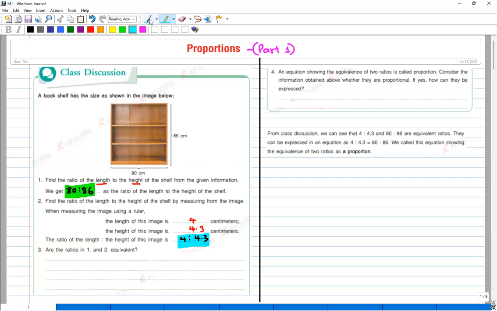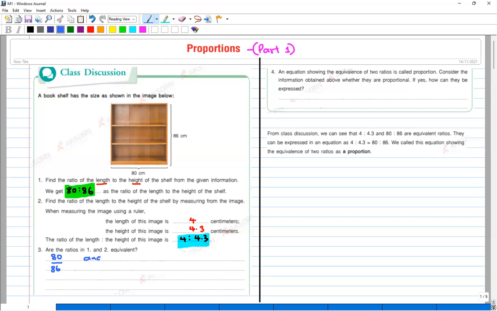Let's discover if these two ratios are equivalent. Remember, we check if the ratios are equivalent using the cross multiplication method. Let us see the ratio 80 to 86. Let's write it as a fraction to be 80 out of 86.